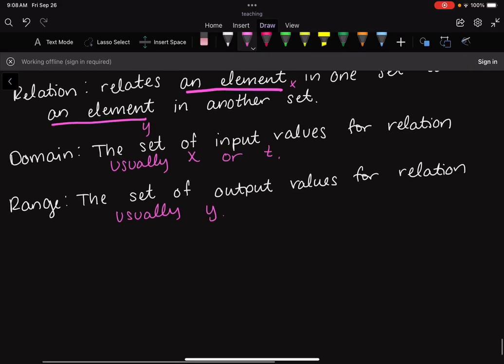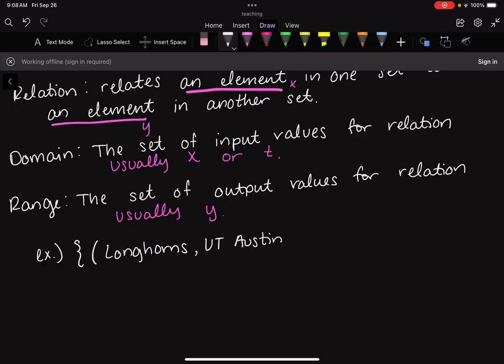So let me show you an example of a relation. This one I'm writing as a set, so I'm going to write just like points. So here's my points. I have a Longhorn, comma, UT Austin. So that's 1 point. So you have to remember that these don't have to be like numbers, like they can be words. It's just relating two things together.